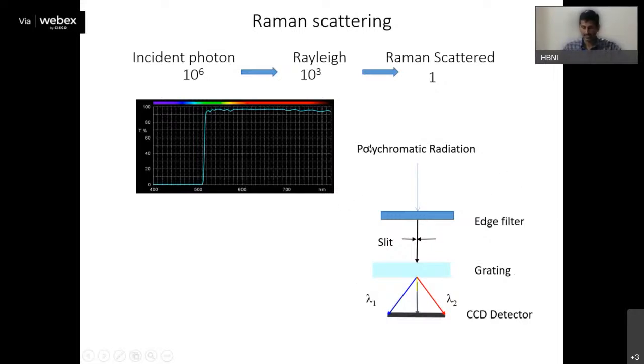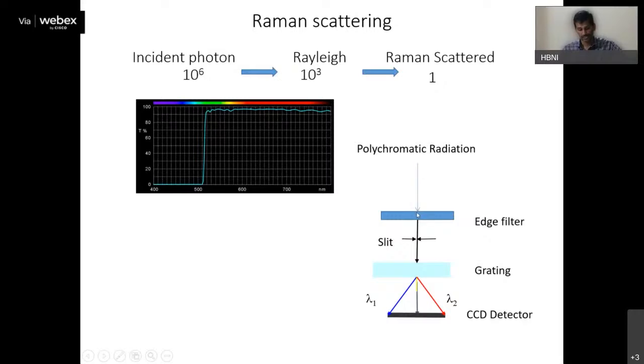This is the schematic of any Raman scattering setup. You have a laser that falls on a sample, and this sample emits several inelastically scattered photons, which you can say is polychromatic radiation.